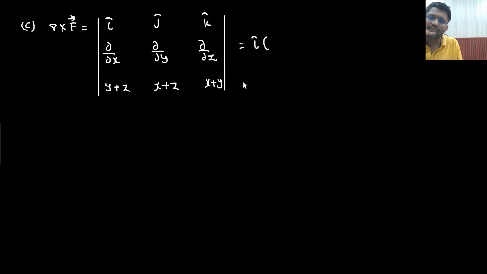I cap 1 minus 1 0, minus j cap 1 minus 1 0, plus k cap 1 minus 1 0. You are getting 0 only.